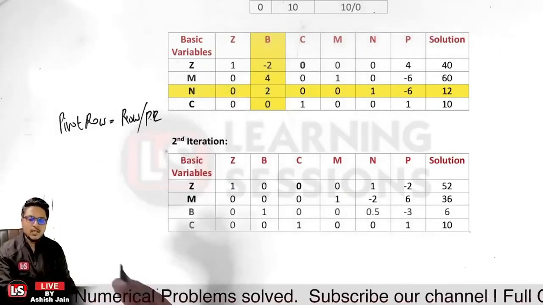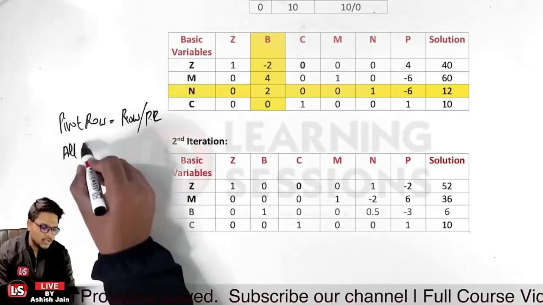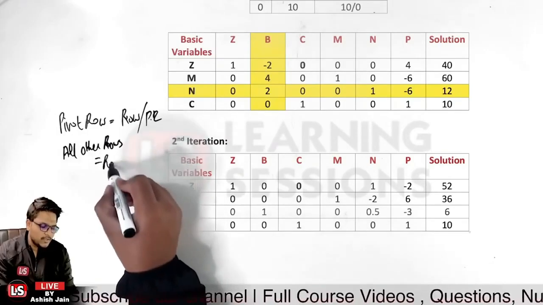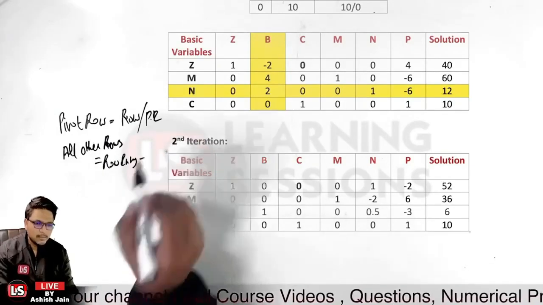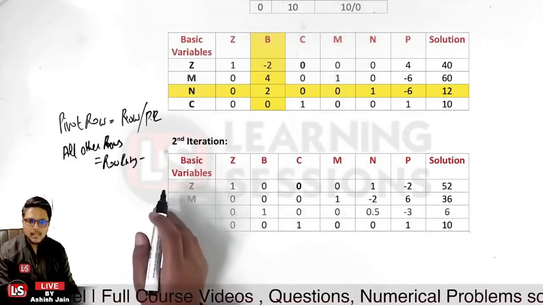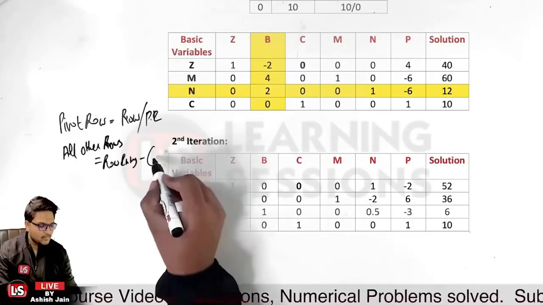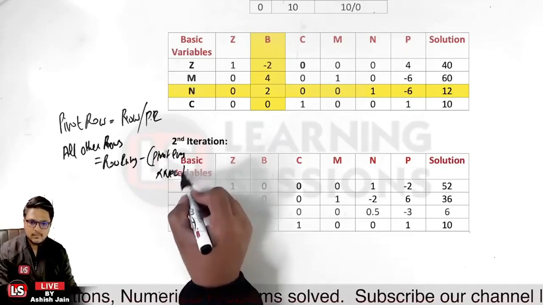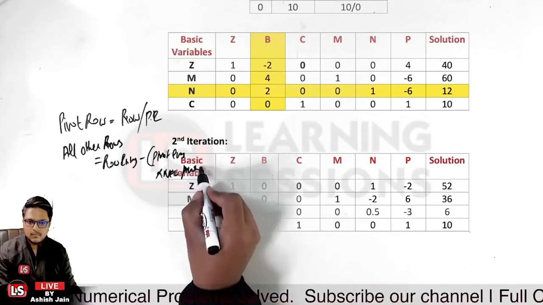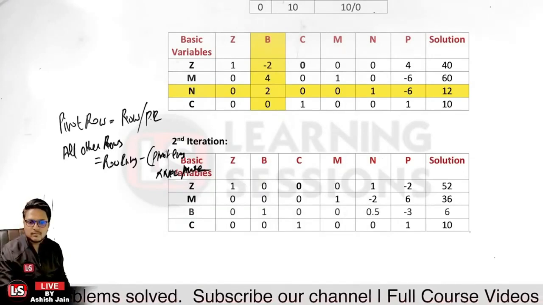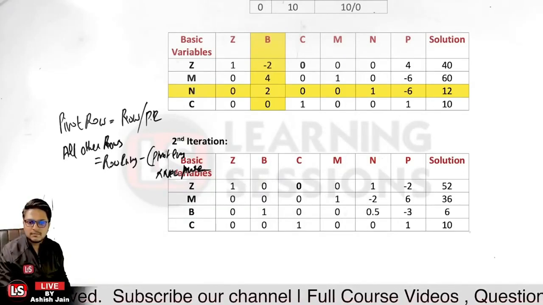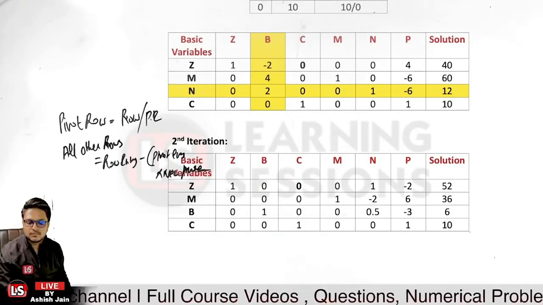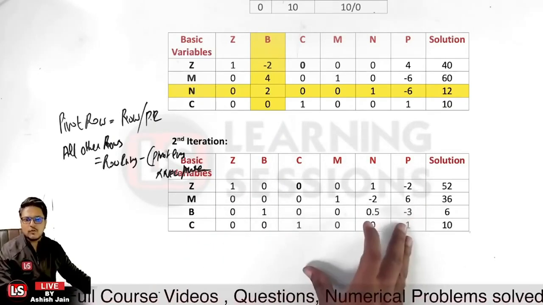And further, for all other rows, it goes like: the row entry minus the pivot entry multiplied by the new pivot entry. Is that particular part clear over here? So this is how we'll be solving the values.